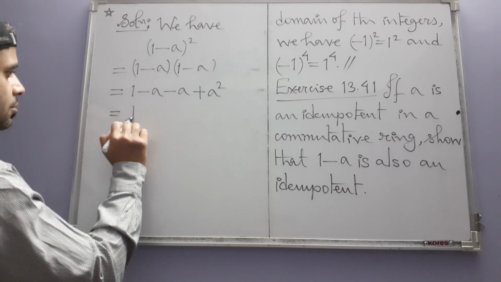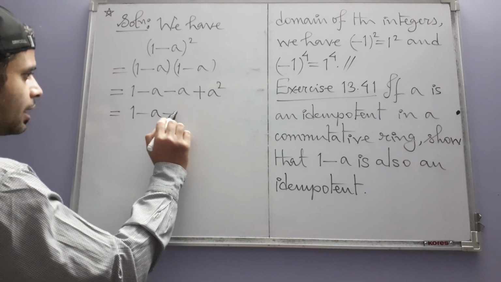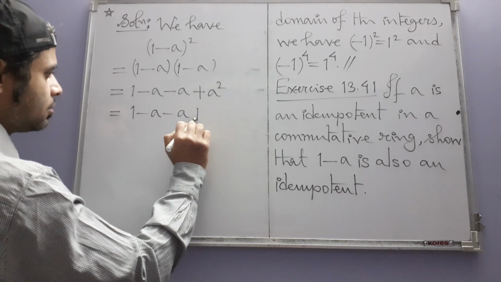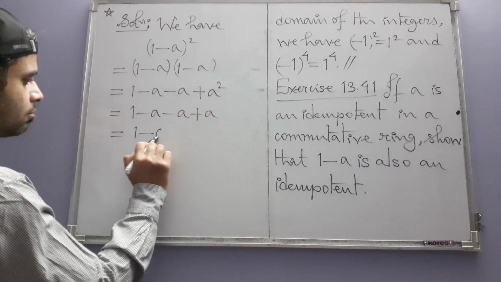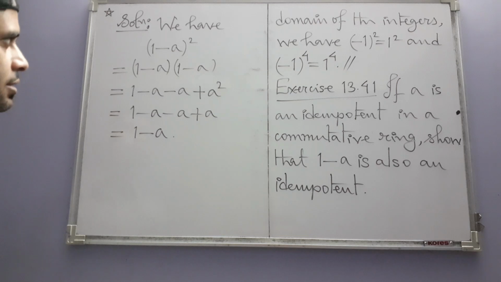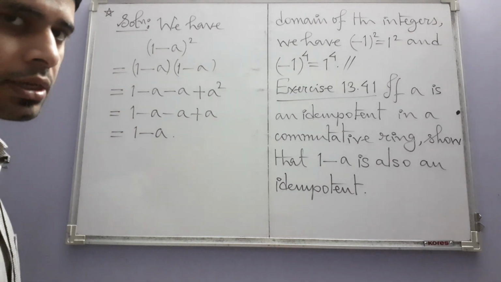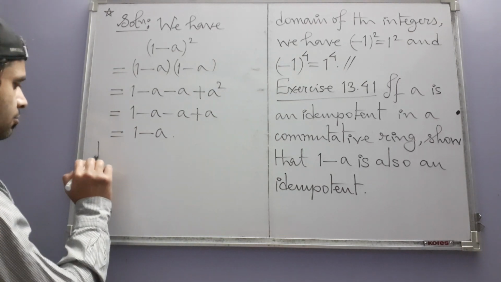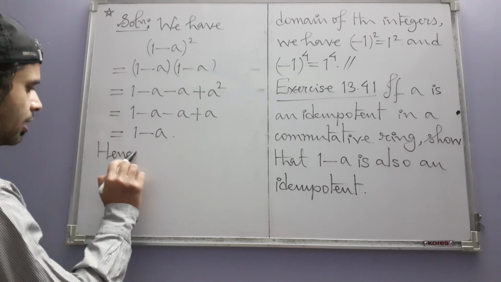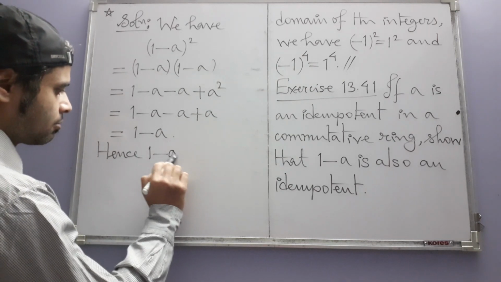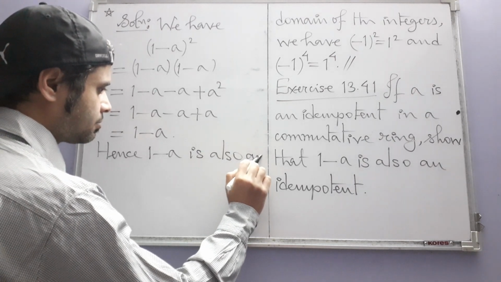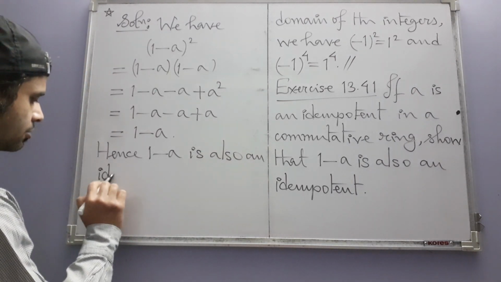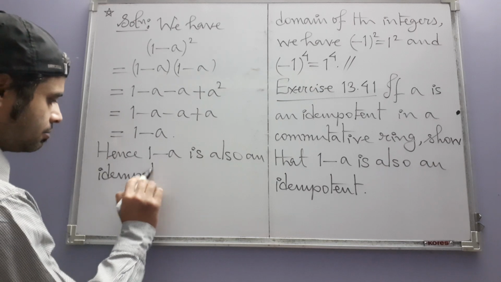Now because A is idempotent, A square equals A, and that's how we have our 1 minus A back, and that is why 1 minus A is also an idempotent. We can just simply write hence 1 minus A is also an idempotent.